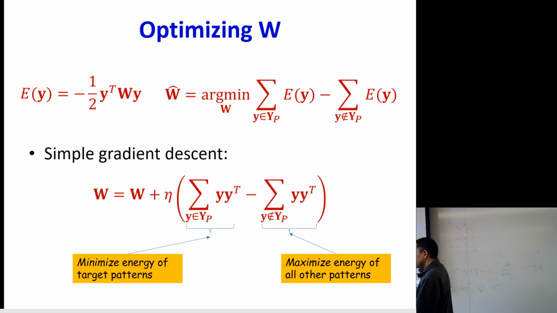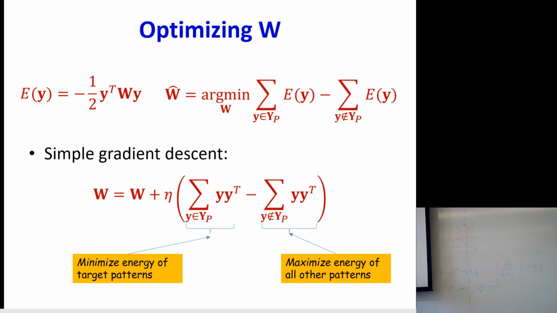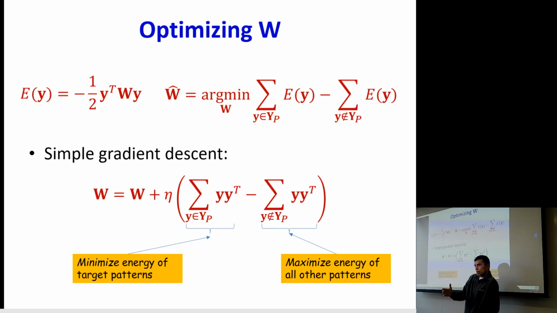That's exactly what we are seeing over here. So when I take the derivative of this term, it's going to be the sum over all the target patterns of the outer products of the pattern memories that I want to remember. If I take the derivative of the second term, which is trying to raise the energies of all the non-target patterns, that too is the sum over all non-target patterns of the outer products of the patterns, except of course the sign is negative.